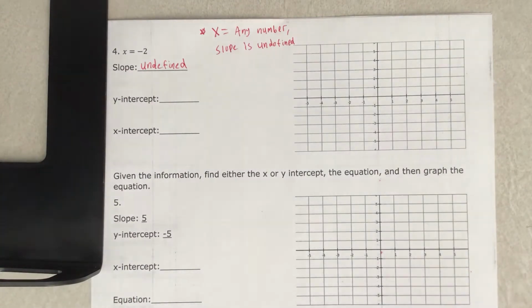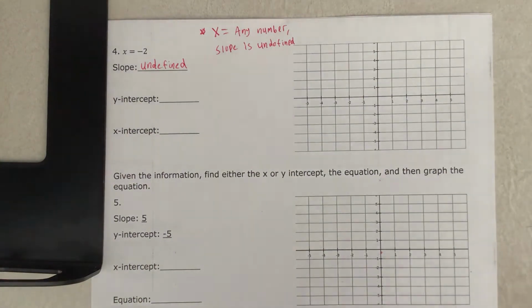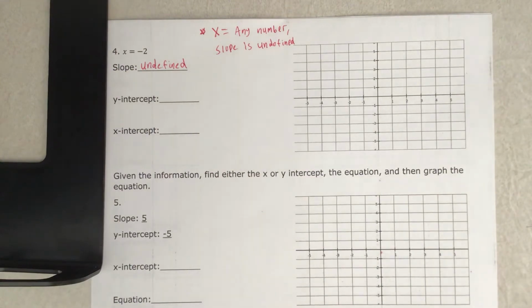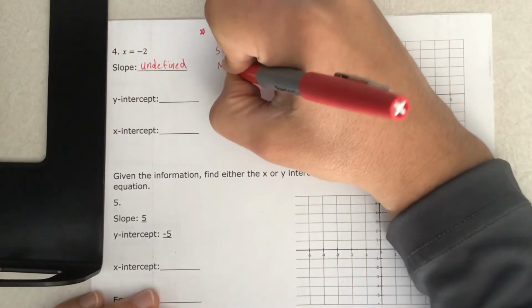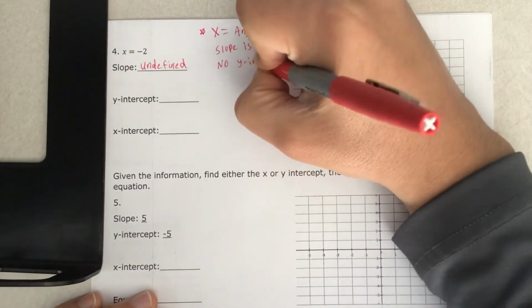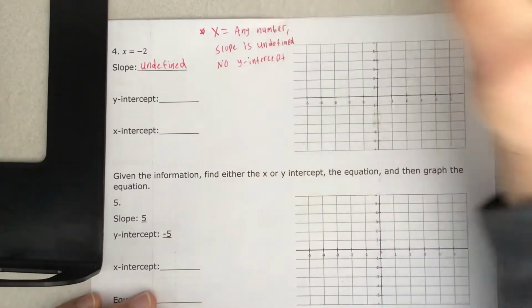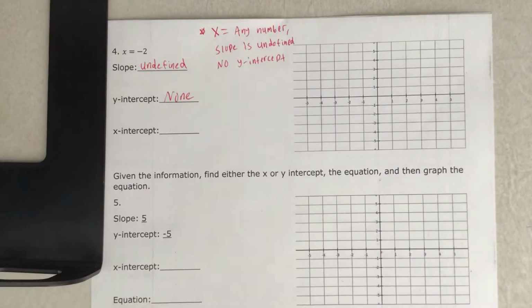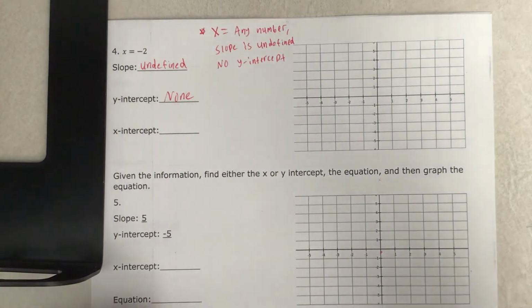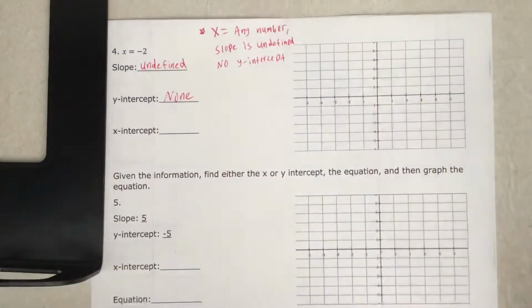Since I have x equals -2, okay? This is another thing that comes with the x equals. When you have x equals, that also means that there is no y-intercept, okay? So for y-intercept, I'm gonna write none. So you can already see that the x equals anything are really funky problems, okay? So there is none, but we can still graph it, okay?